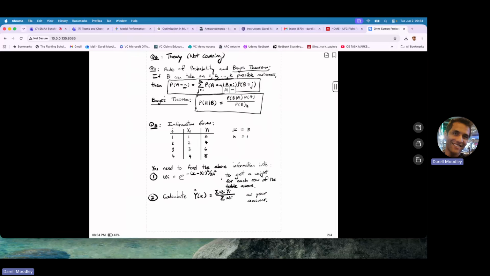You have something in terms of a pass and something in terms of whether a student has studied. So you need to determine what you need to substitute for A and B regarding the pass and the studied. So that's all I'm going to say about that. You need to know how to apply these equations to get the answer. So that's question 4.